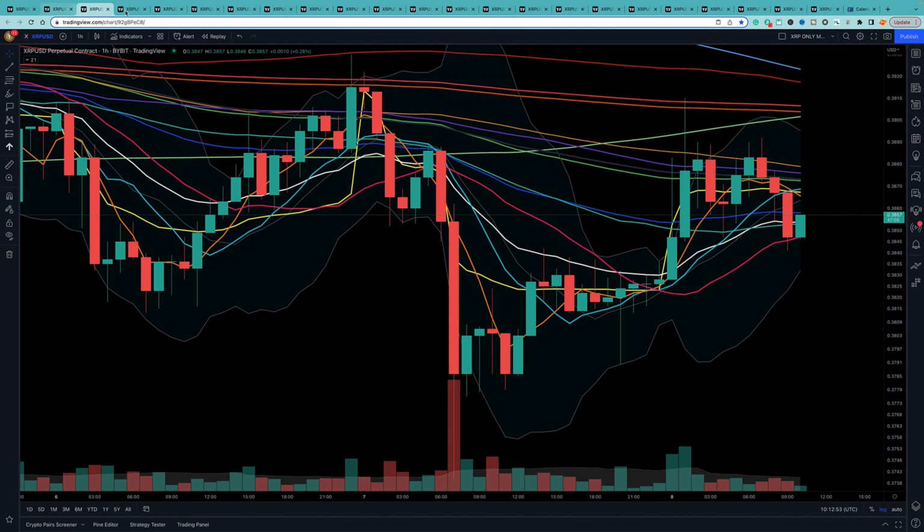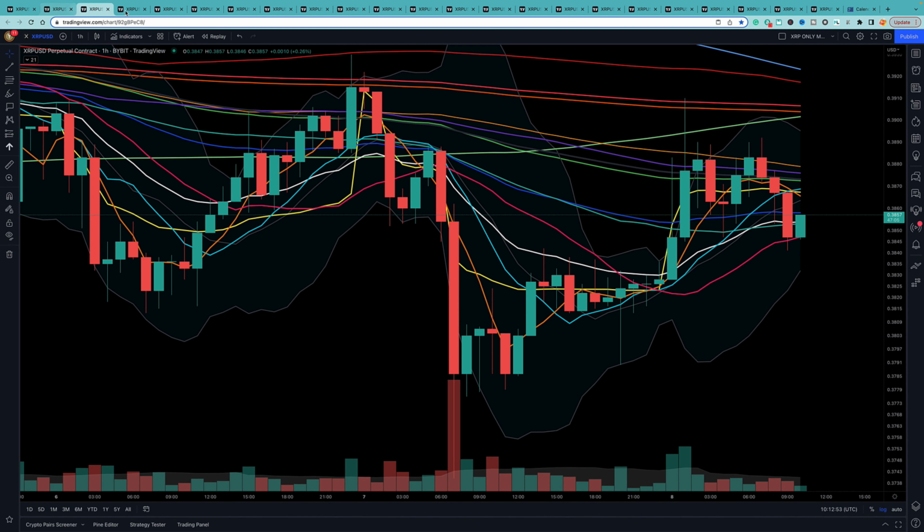The 10 MA, the blue, and the white 20 EMA, the 20 EMA again is taking a proper dip down here as well, both moving together. And then the 20 MA, this pink one here, is ready to take a turn down.